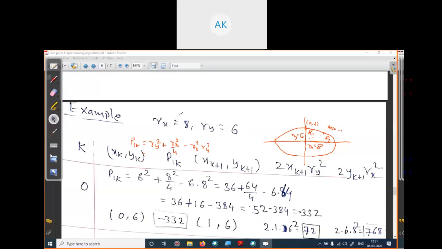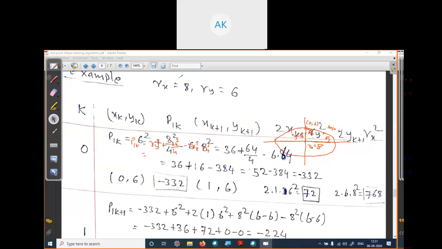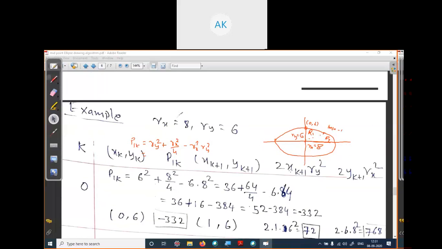And we have to check the condition, whether we have entered into region 2. So what is the formula? 2 into xk plus 1 ry square. Here xk plus 1 is 1 and ry square is 6 square, so 2 into 36, which is 72. Now calculate the right hand side part: 2 into yk plus 1 into rx square.